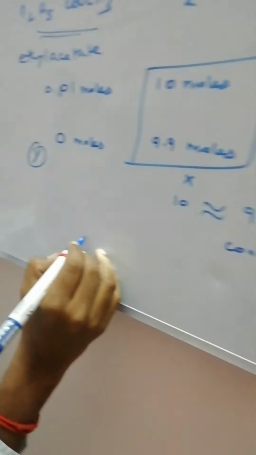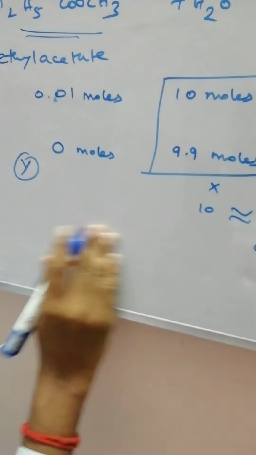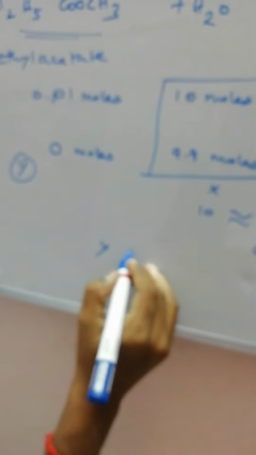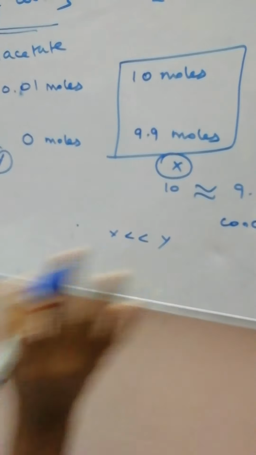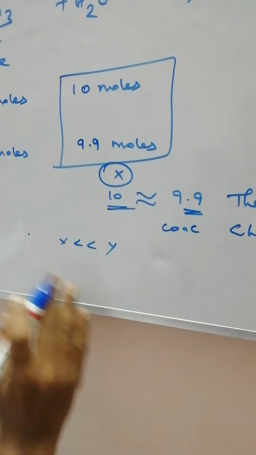So the concentration of X is very less compared to Y. X value is very less when compared to Y. That is, it is negligible, because 10 and 9.9 are similar.